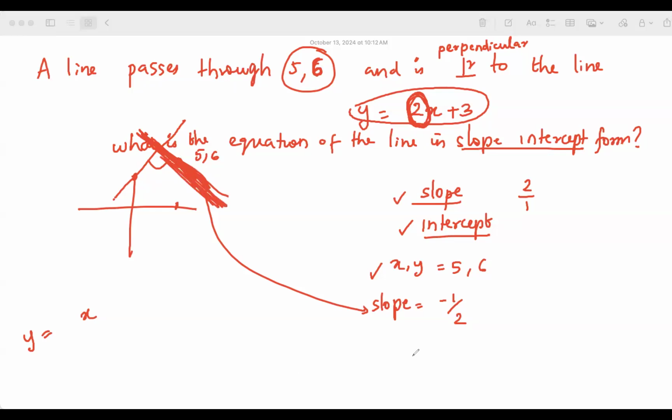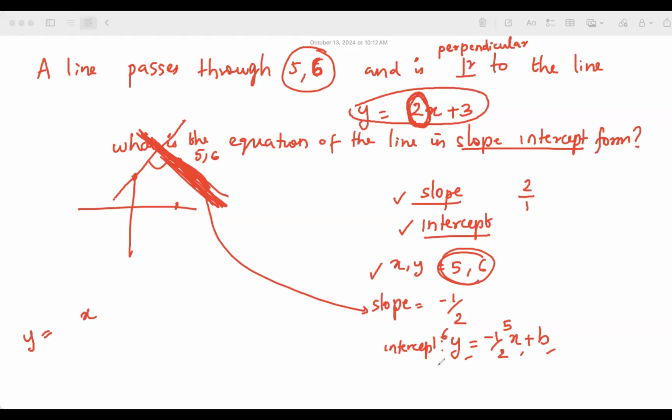What is the intercept of the line? We don't know. I need to find the y-intercept, right? So let me write down my line equation. y will be equal to slope, I can substitute, plus b. Here, I don't know y, I don't know x, I don't know b. Intercept I need to find, right? But I know one value of x and y. That alone you substitute in here.